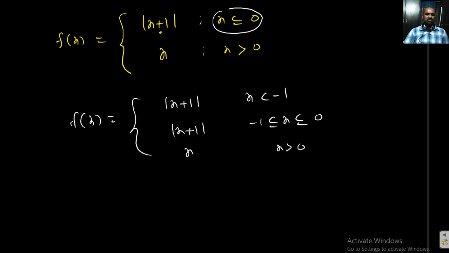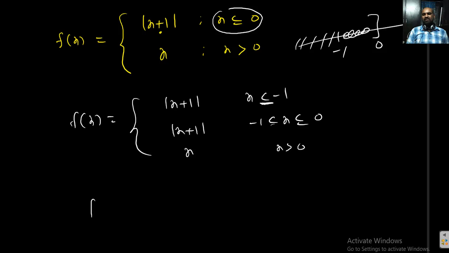Important, students: you can include minus 1 here or there, that is not a big issue, because putting x equal to minus 1 gives 0 either way. If it is included here, we need to exclude it there. So what I did is divide x less than or equal to 0 into two pieces, x less than minus 1 and minus 1 to 0.